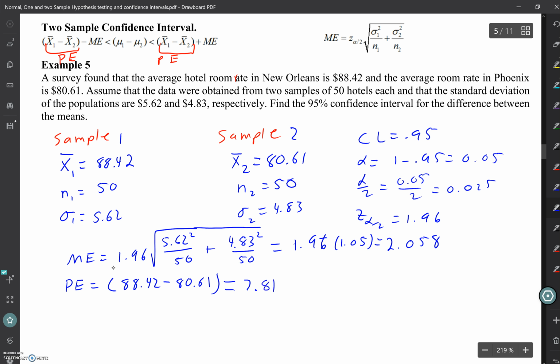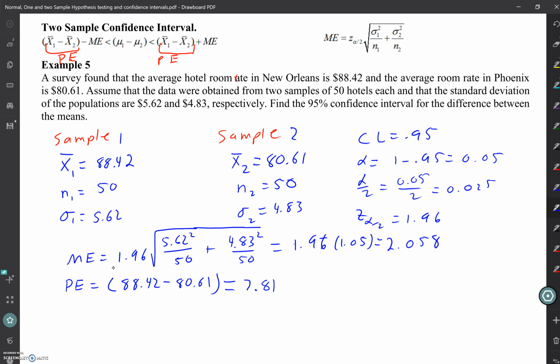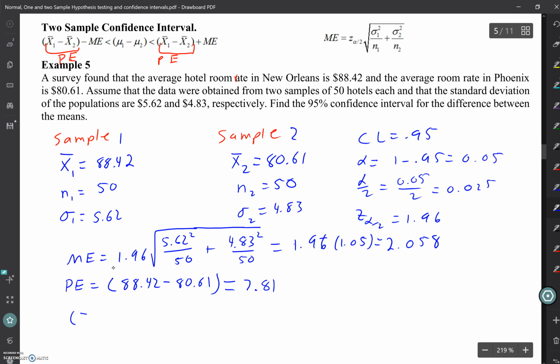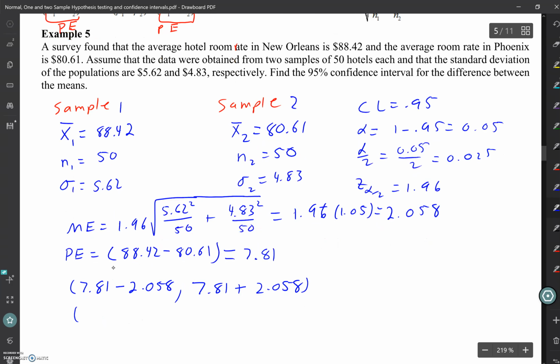All right. Now I've got my pieces. I'm going to put them together to build that interval. So we've got 7.81 minus 2.058. And then 7.81 plus 2.058. And again, I would do each piece individually when I'm adding them together.